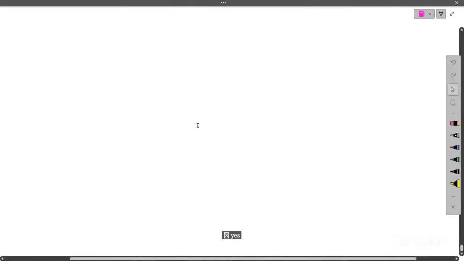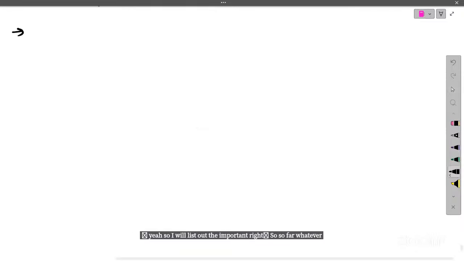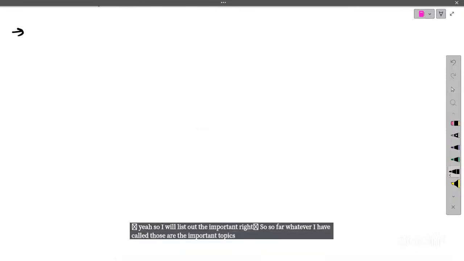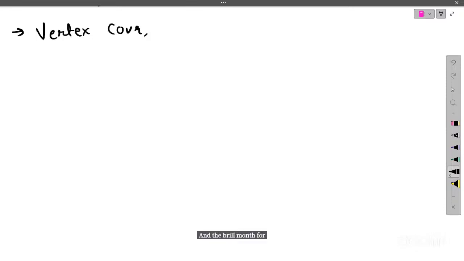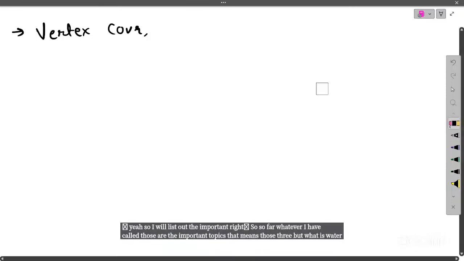Yeah, so I'll list out the important topics for 10 to 11 first. Whatever I have covered so far, those are the important topics. That means vertex cover, vertex matching, and the Bellman-Ford algorithm.